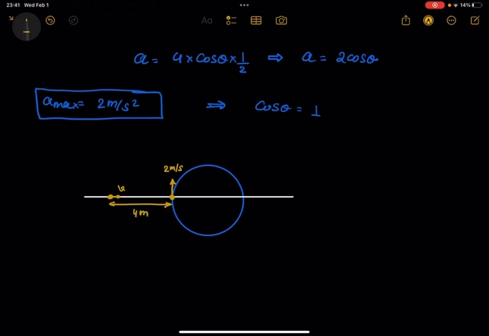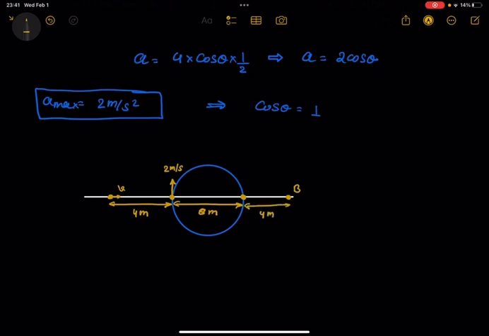And of course, this total distance is 8 meter. So now A reaches somewhere, and at this time B reaches here. So again this distance is 4 meter.